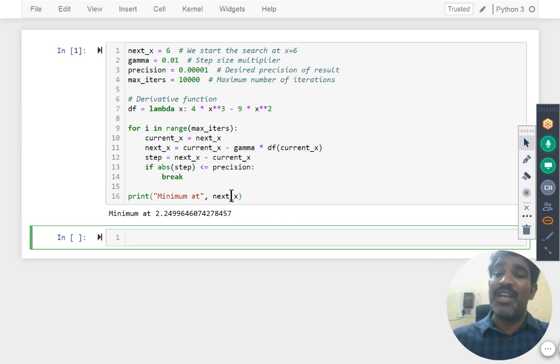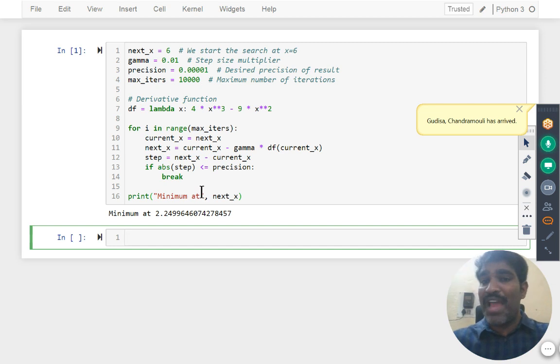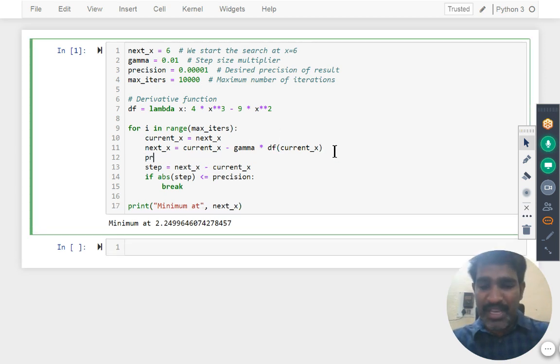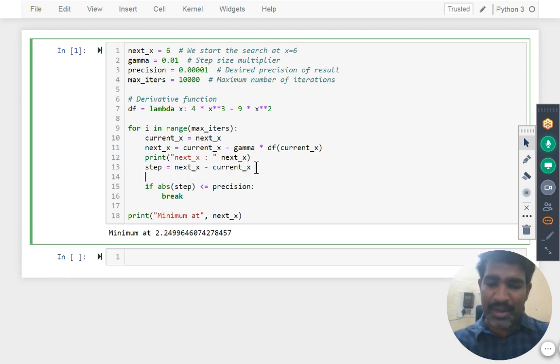That means this program is calculating the minimal point or not? If you are interested to see more values, then write here, each time, the value of this next x, and each time what the step value is. Let us say next underscore x, I am interested to see it. Write some print statements here and there so that you come to understand what values are happening here, right?